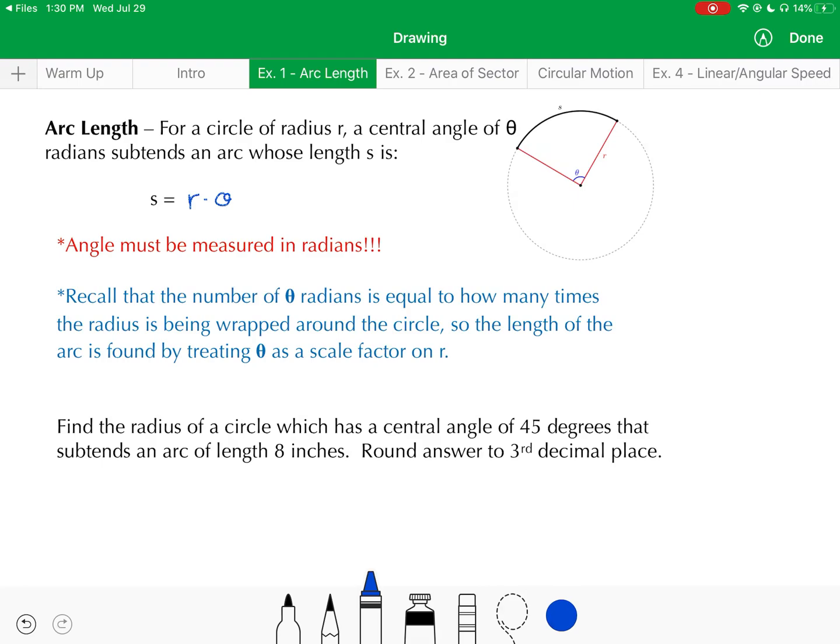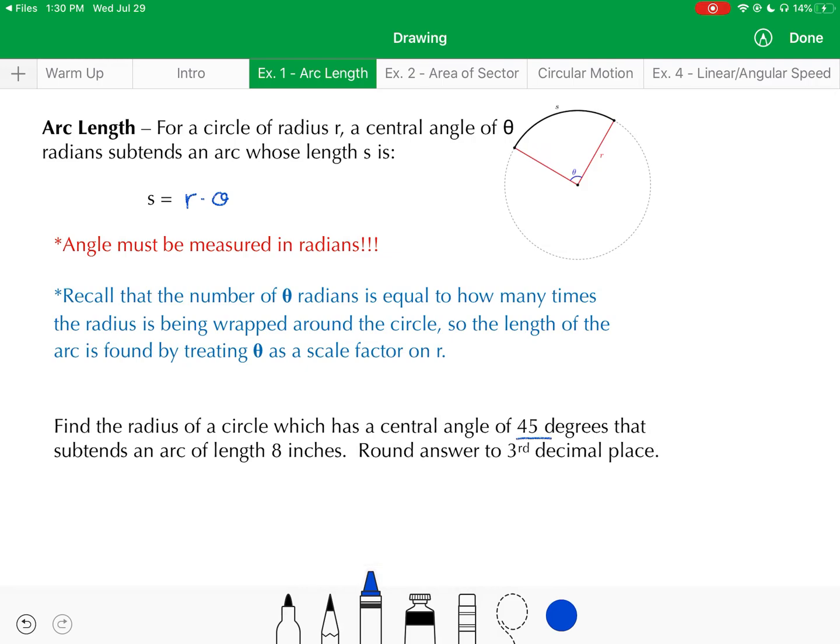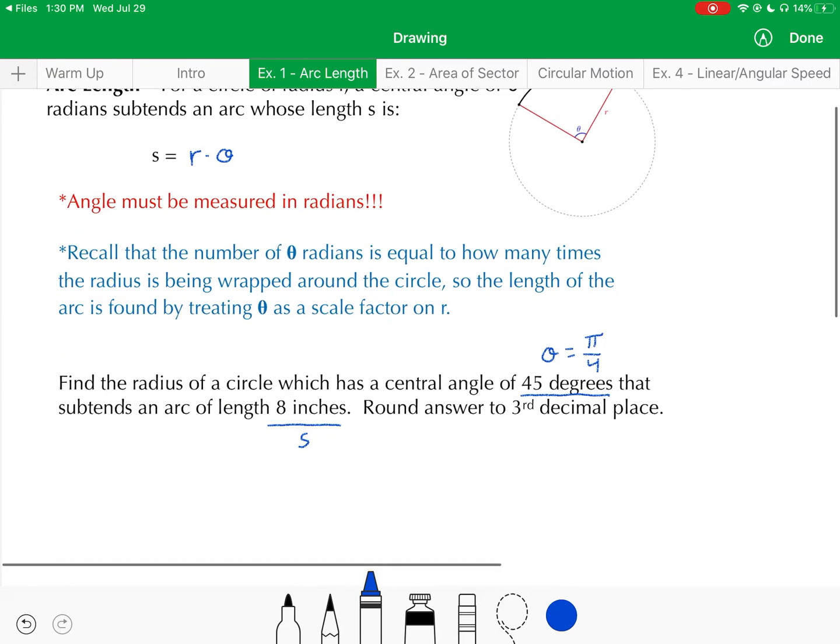So let's find the radius of a circle, which has a central angle of 45 degrees that subtends an arc of length 8 inches. And we'll round our answer to 3 decimals, okay? So look at your givens. You're given an angle of 45 degrees. Now I'm going to need to think of that in radians. 45 degrees is equivalent to pi over 4, okay? You are also given the length of the arc, 8 inches, so that's an S value.